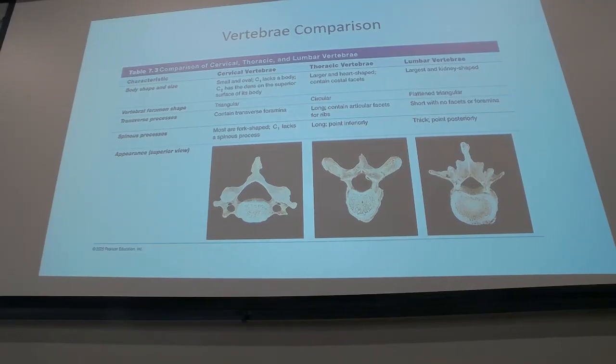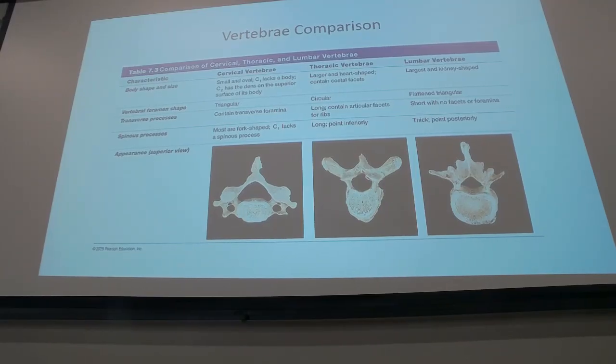Now, a major characteristic of the cervical vertebrae is that it is the only vertebrae that has transverse foramina. So it has holes in the transverse process.